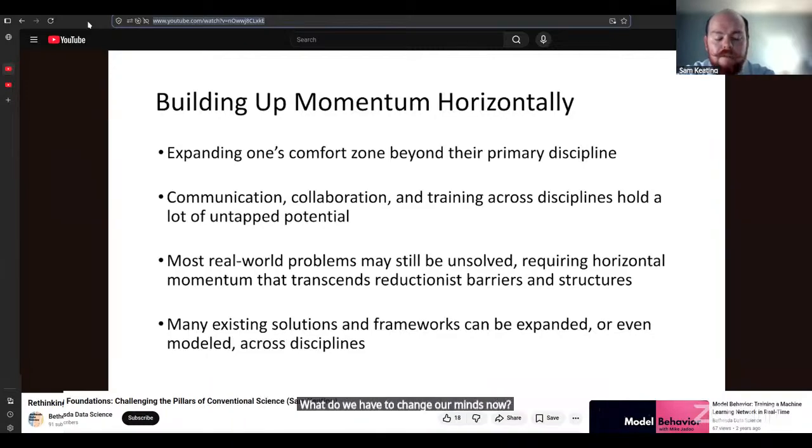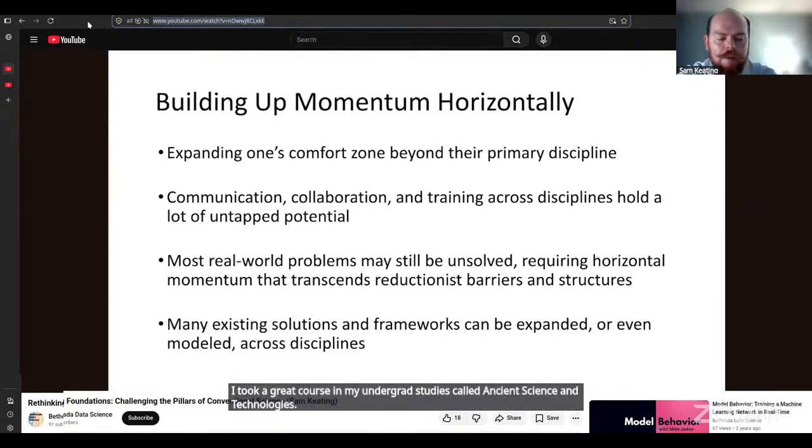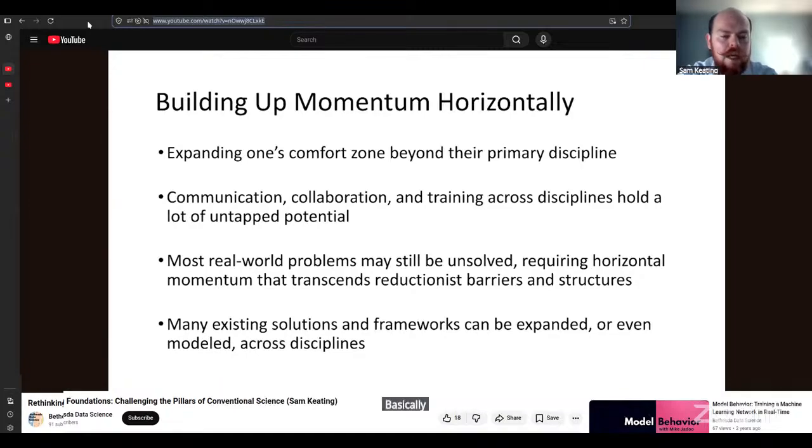Well, if you look far enough back, science took a different form. There was a point when alchemy was the state of the best science that we had. I took a great course in my undergrad studies called Ancient Science and Technologies, where we dabbled with more than just a surface view of the state of science prior to 1400 AD.